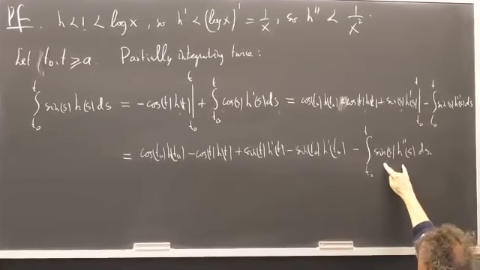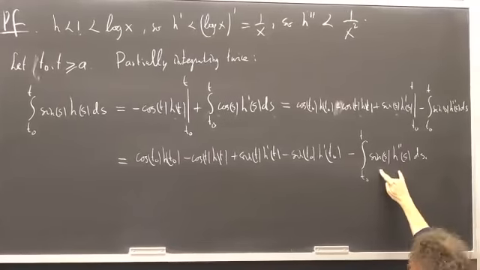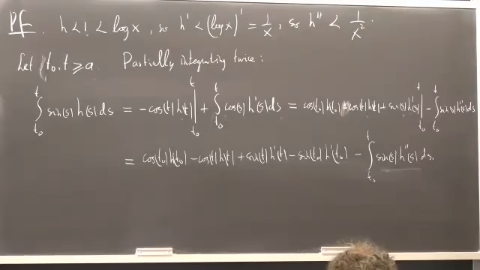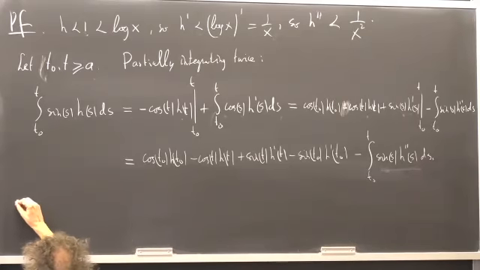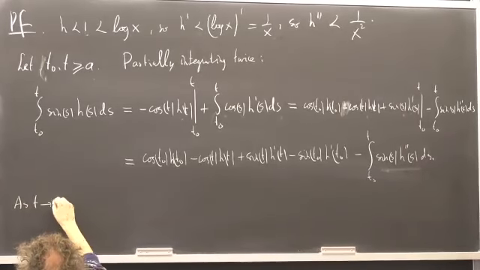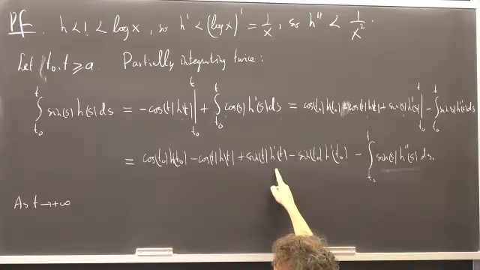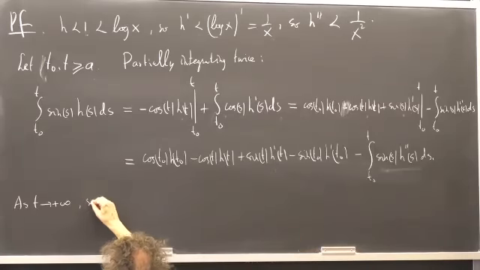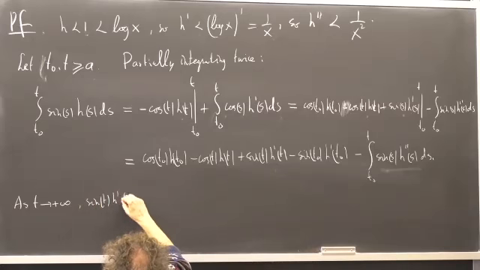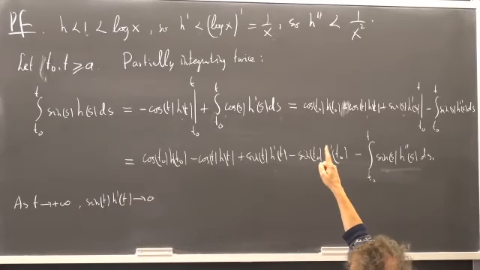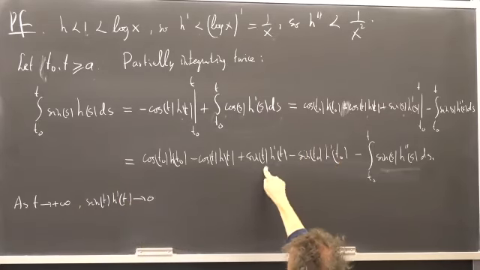So from that it is obvious that this function here is, okay, let me follow my notes. As t goes to plus infinity, sine t h prime(t) goes to 0, right? Because h prime is strictly dominated by 1 over x, and sine is bounded.